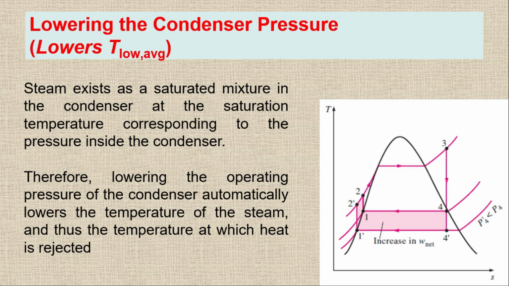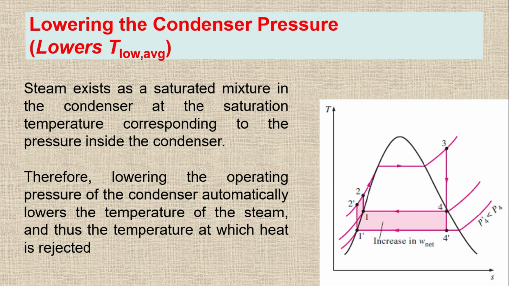So the condenser temperature must be above 25 degrees Celsius, thus the condenser pressure must be above the saturation pressure at 25. Normally if I check the saturation pressure around 25 degrees Celsius, it will be around 3.2 kilopascal. That means you can decrease up to 3.2 kilopascal.